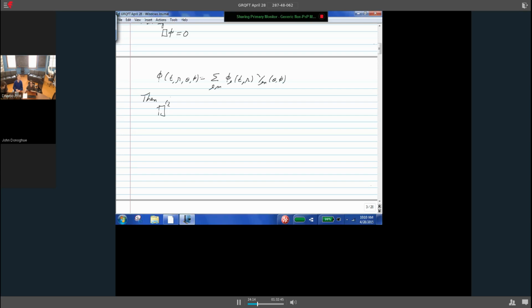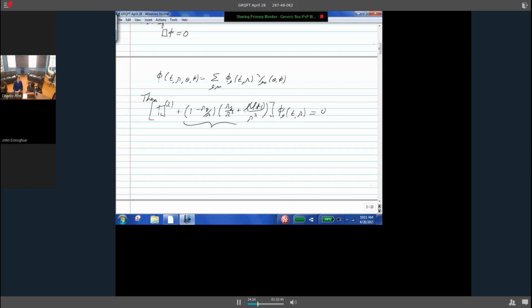So for that, we take phi of t, r, theta and phi and expand it in partial waves, phi_L of t and r, Y_LM of theta and phi, so the usual things. And in this case, then the wave equation becomes the two-dimensional box in whatever coordinates you choose to use.